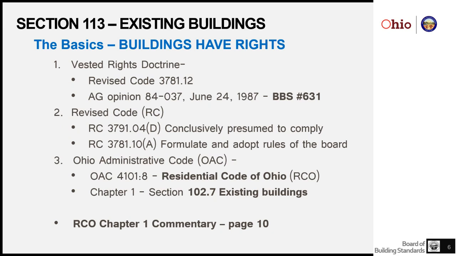Yesterday in presentations, we were talking about the Ohio Building Code, and there was a Chapter 1 commentary. There's also a residential code commentary, and that too is included in the handouts for today's presentation.